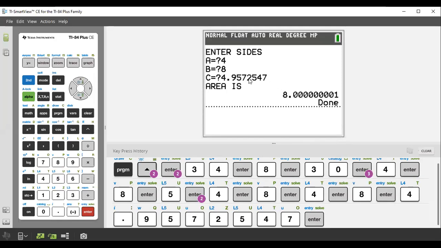So this is the actual length, but the ACT makers didn't want to give you that decimal that goes on forever because it is an irrational number in this case. But yeah, that's kind of what's going on.